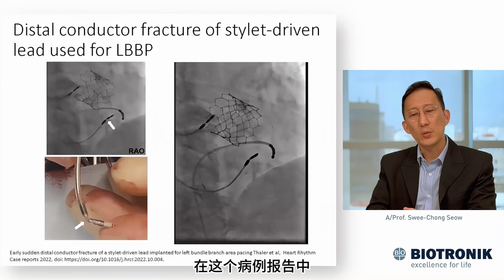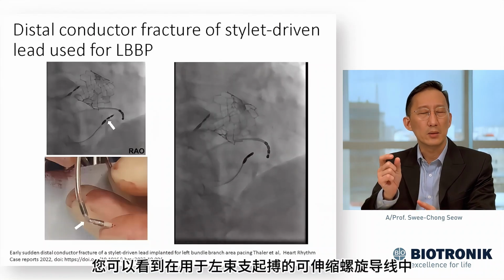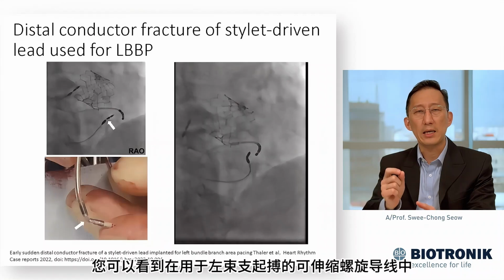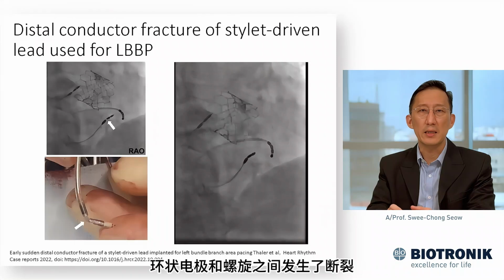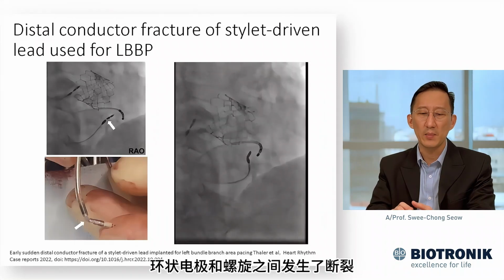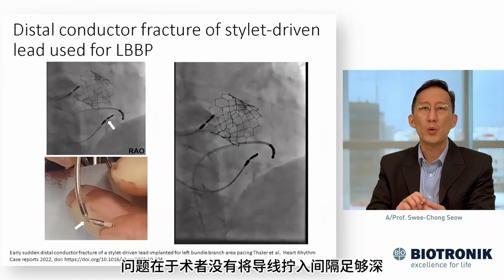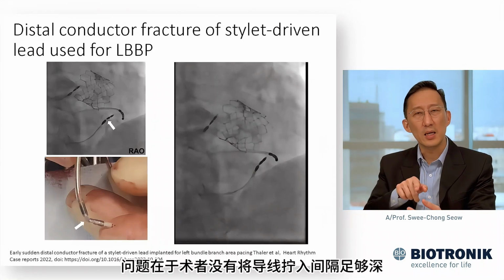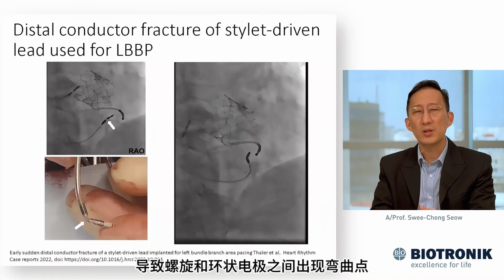In this case report, you can see that a fracture occurred between the ring electrode and the helix of an extendable helix lead that was used for left bundle branch pacing. And the problem here was that the operator did not advance the lead deep enough into the septum, and this resulted in a hinge point between the helix and the ring electrode.